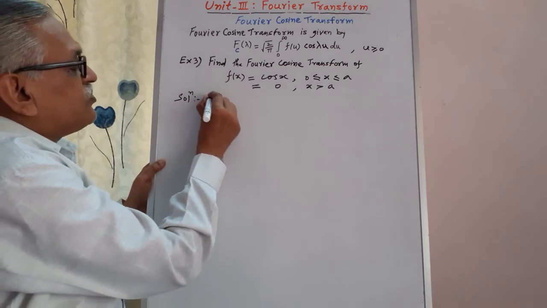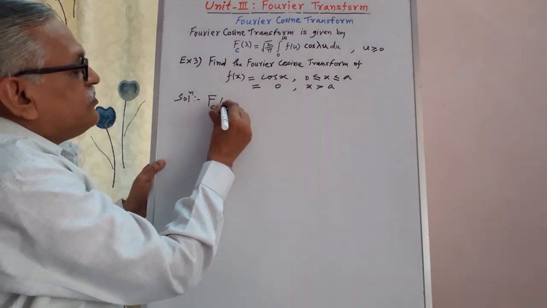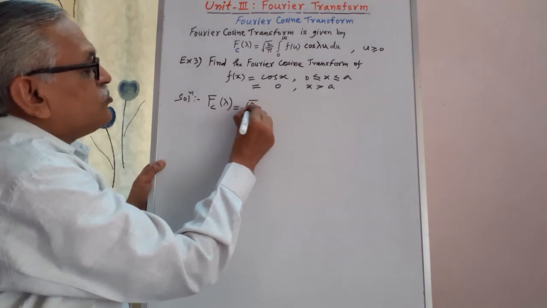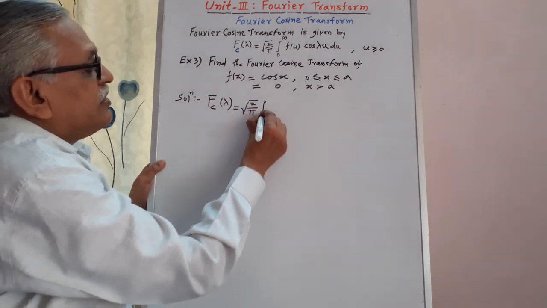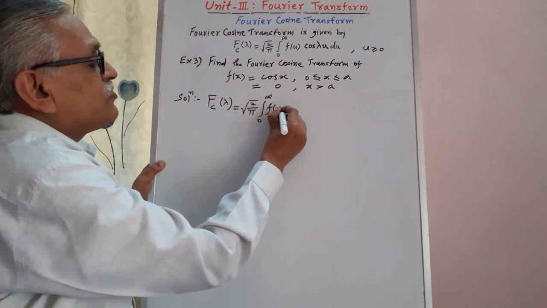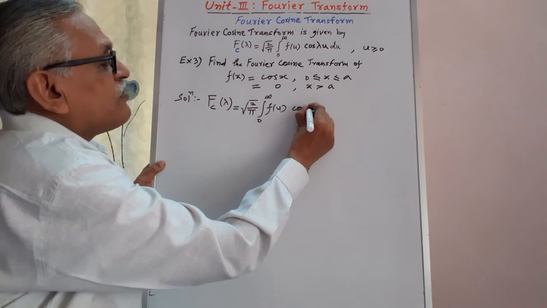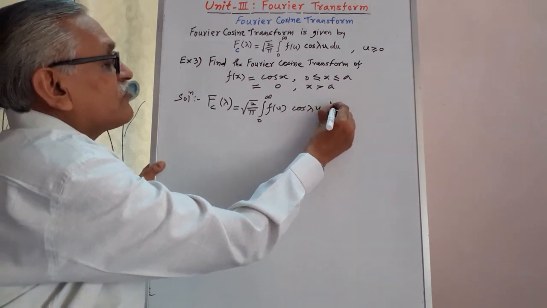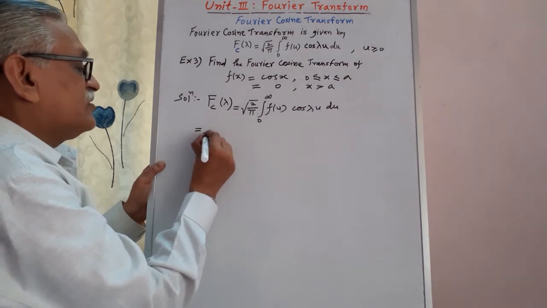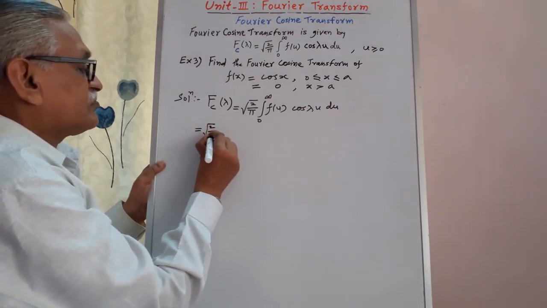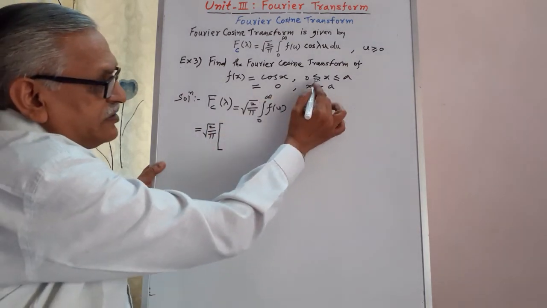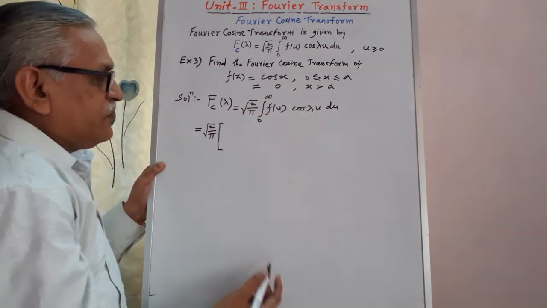Therefore, that Fourier cosine transform is given by Fc lambda equals root 2 by pi integral from 0 to infinity f of u into cos of lambda u, and then it is equal to splitting this integral 0 to infinity as 0 to a and then a to infinity.